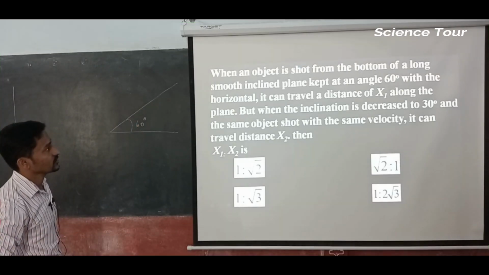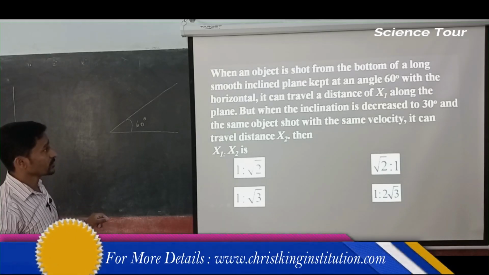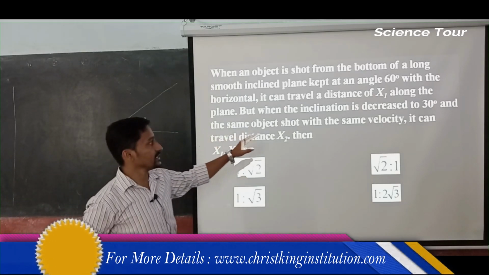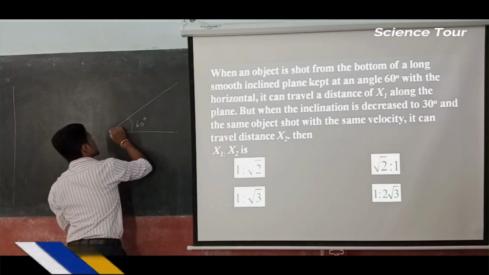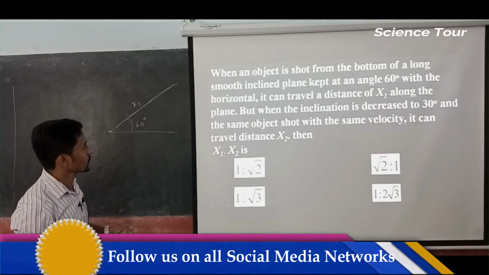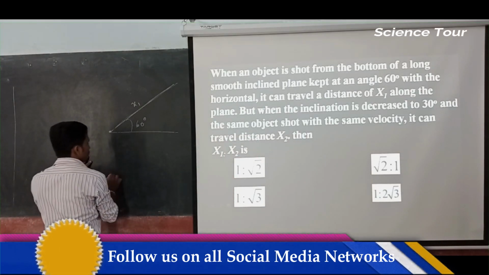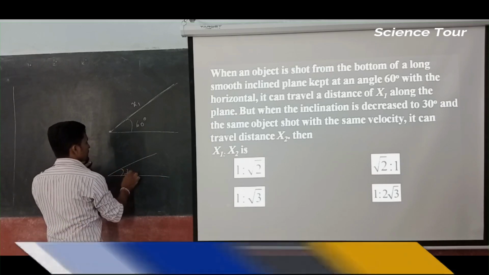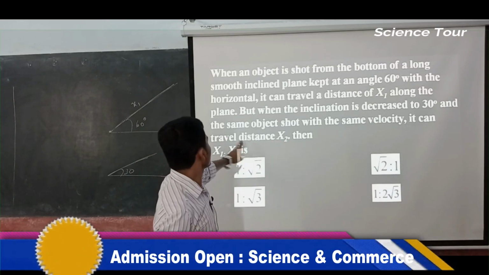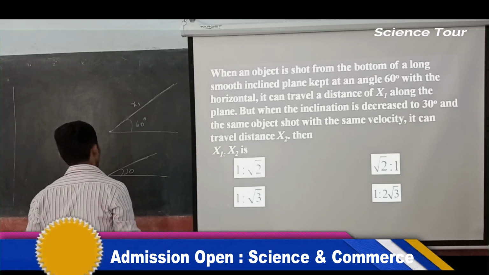An object is shot from the bottom of the smooth plane, and it can travel a distance x1 along the plane. But when the inclination is decreased to 30 degrees, the same object shot with the same velocity can travel a distance x2.